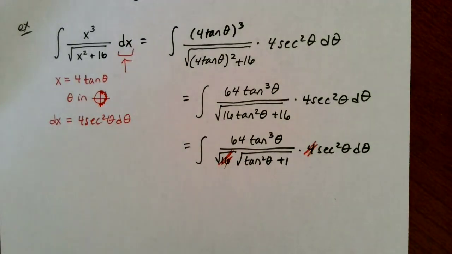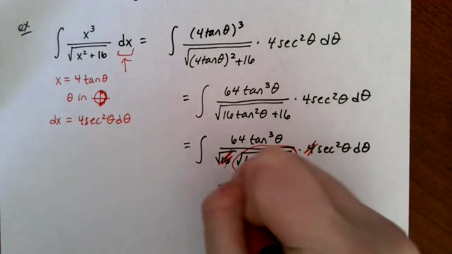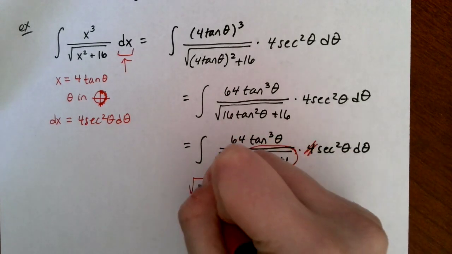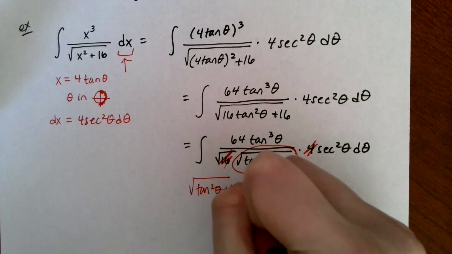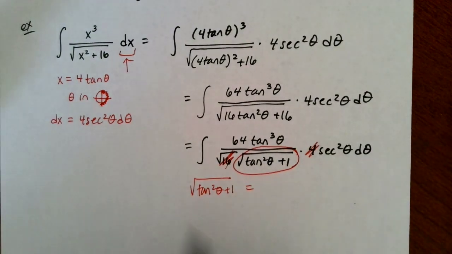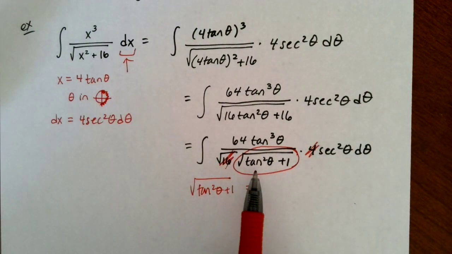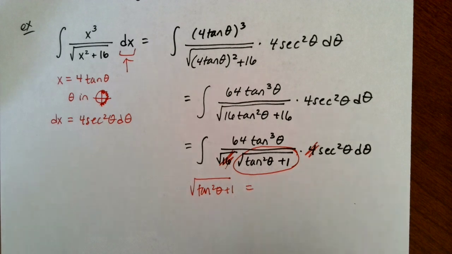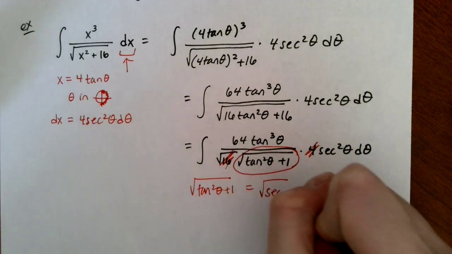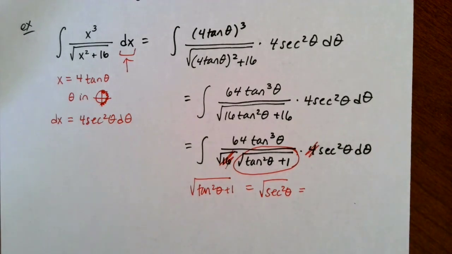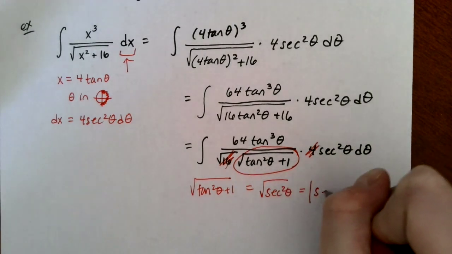I'm also going to take this square root of tan squared plus 1 and put in my identity, right? So we put tangent in here so that this identity could come in. Tan squared plus 1 is secant squared. And of course, the square root of something squared is its absolute value.